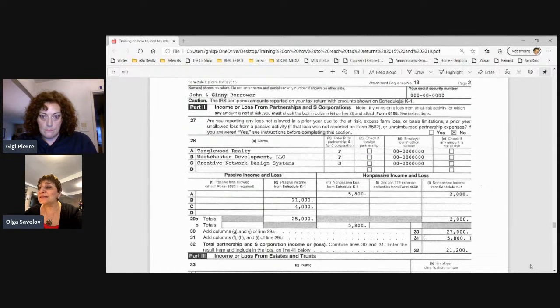Now, if we see the income that shows here, we will request a copy of K1s. K1 is basically issued anytime you have a partnership, C corporation, or S corporation income. Once a K1 is given, we look at the percentage of ownership.